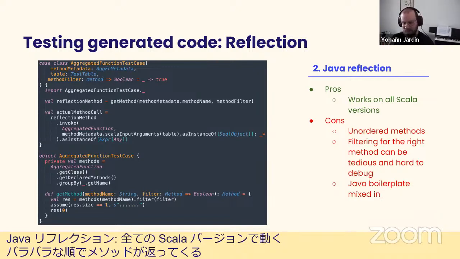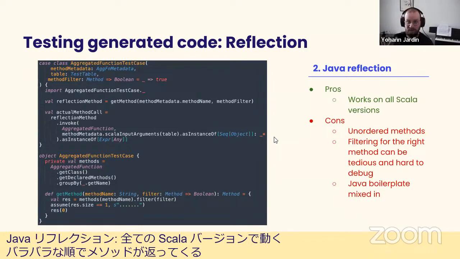So you really need to think through what filter you want to use. And then, well, it's Java reflection. So you retrieve your method, and then you put the arguments. So the rest works. But it was not really pleasant.